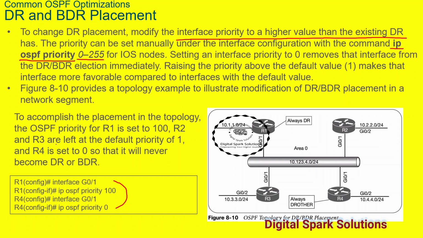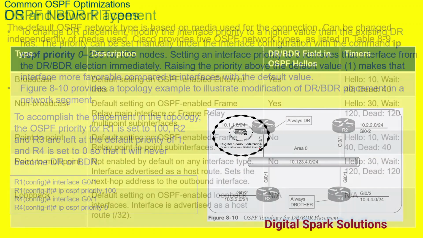R2 and R3 are left at the default priority of 1. R4 is set to 0, so it will never become DR or BDR. Here we have R1, which will always be the DR, and for R3 and R2 we have options that they might become BDR depending on the criteria.